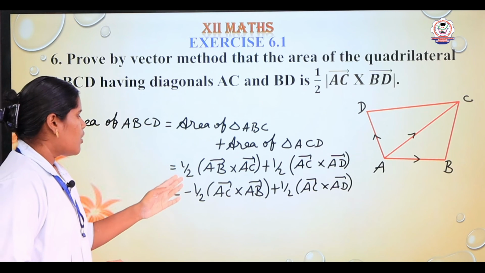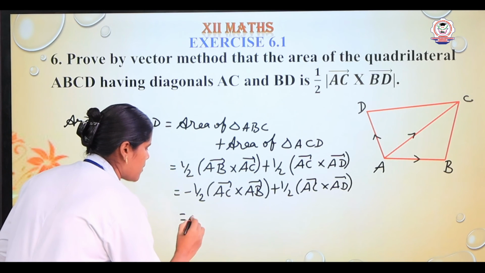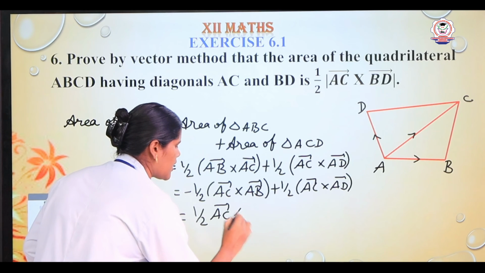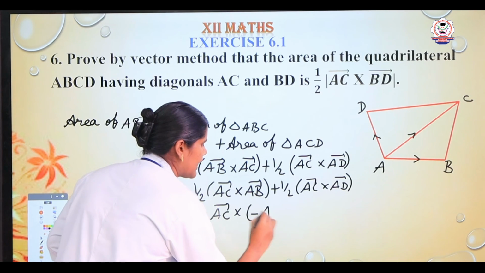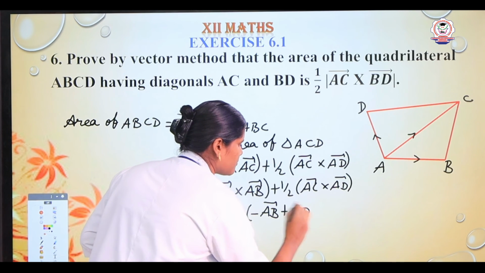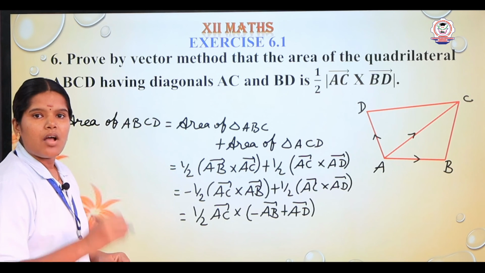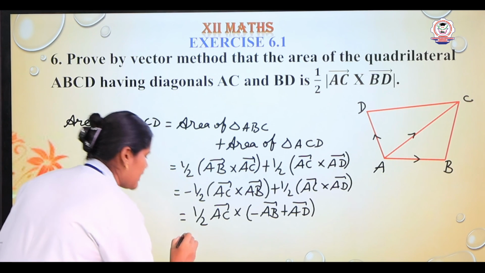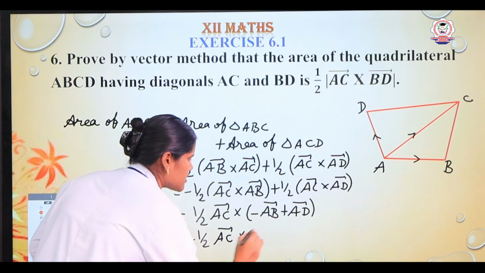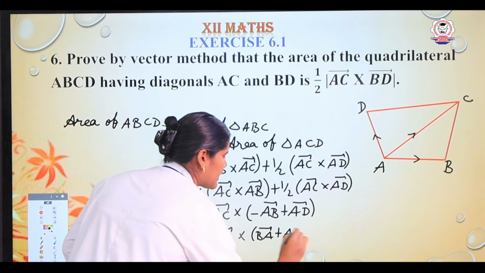Here 1 by 2 and AC are common terms, so take these as common. We get half AC vector cross negative AB vector plus AD vector. Negative AB vector is nothing but positive BA vector. So we get half of AC vector cross BA vector plus AD vector.